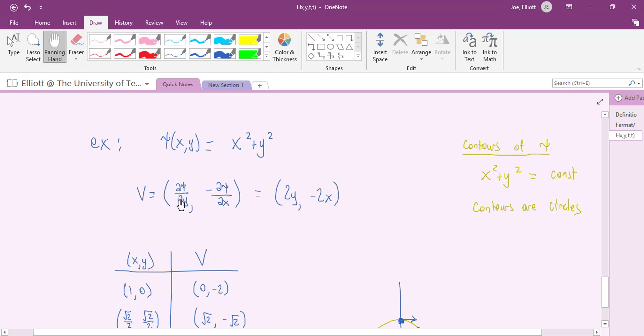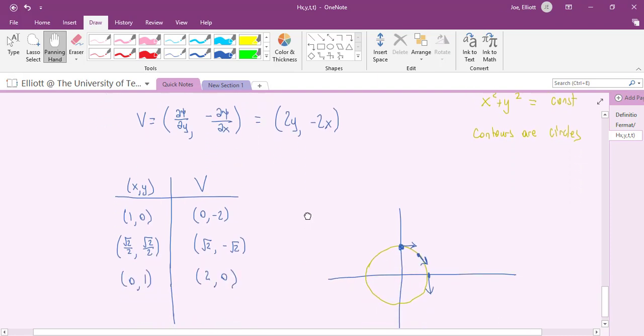The x component should be the partial of psi with respect to y. The y component of v should be the negative of the partial of psi with respect to x. So here, the partial with respect to y would be 2y. The partial with respect to x is 2x, and then we have the negative in front of that.